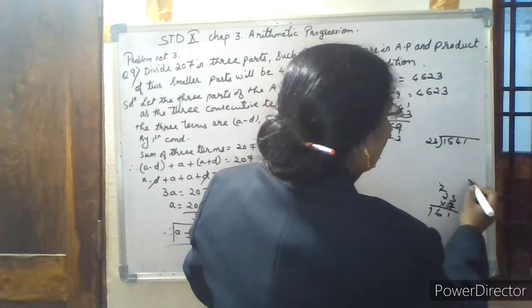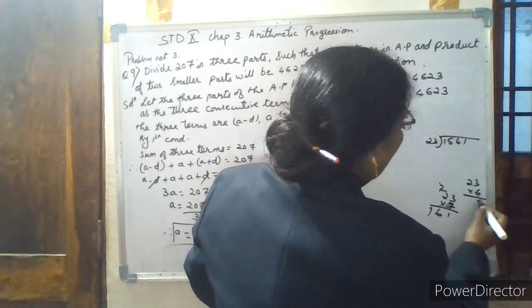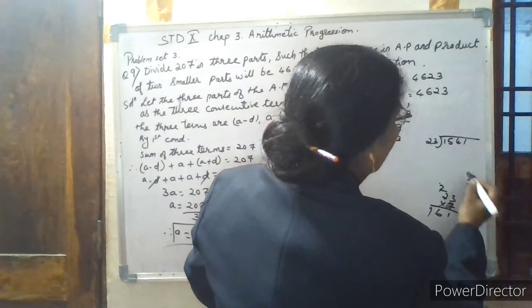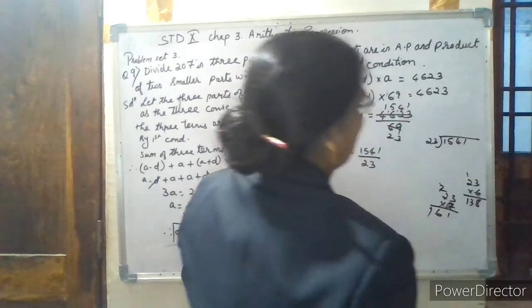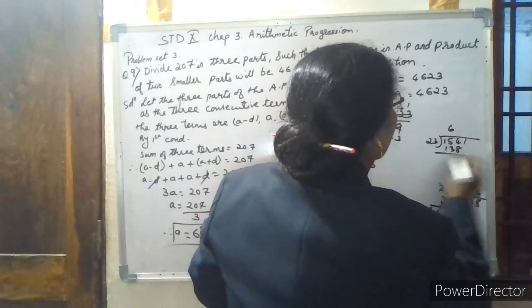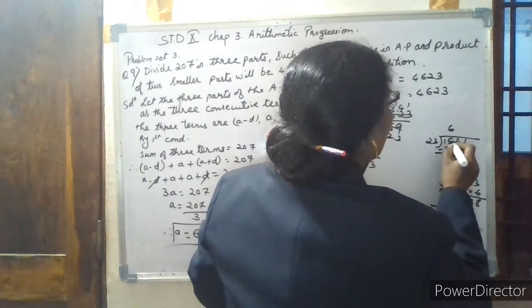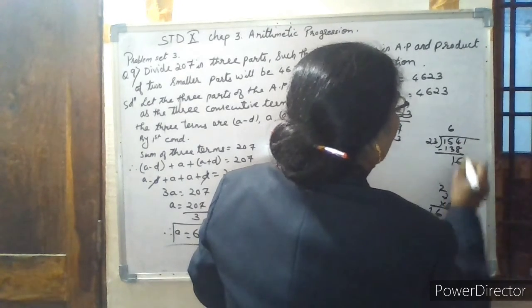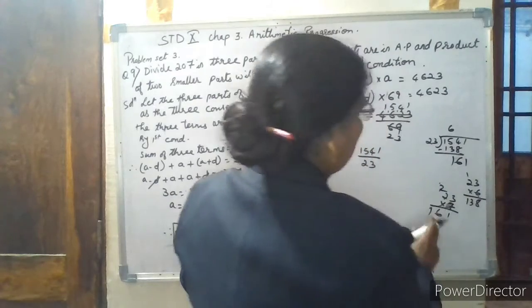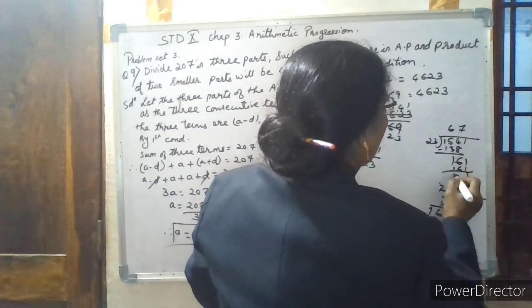So 23 into 6, if I take 6 3s is 18, carry 1, 6 2s are 12, 1 is 13, so here it is 138. Subtract this, you will get 6, and 4 minus 3 is 1. So bring down this 161. 7 23s is 161, 161 minus 161, we get 0.